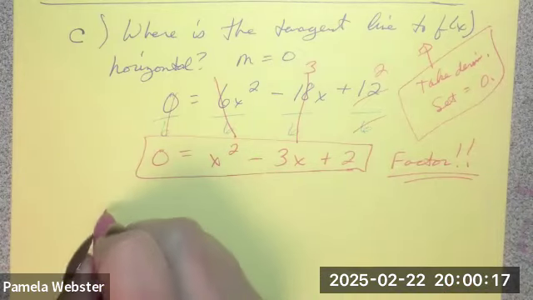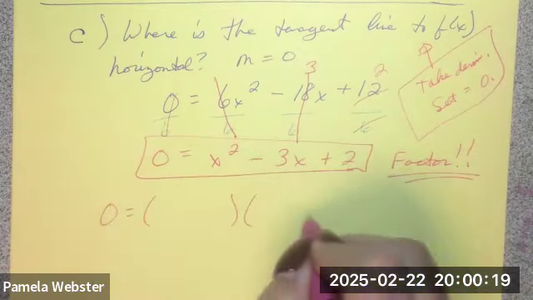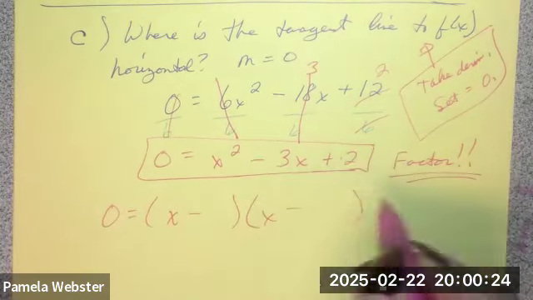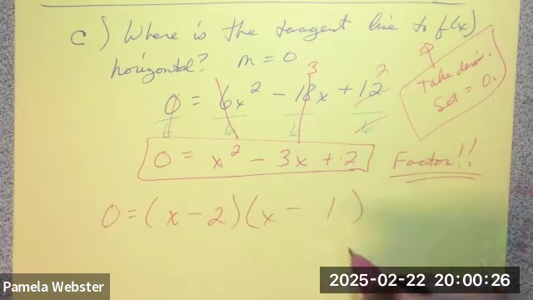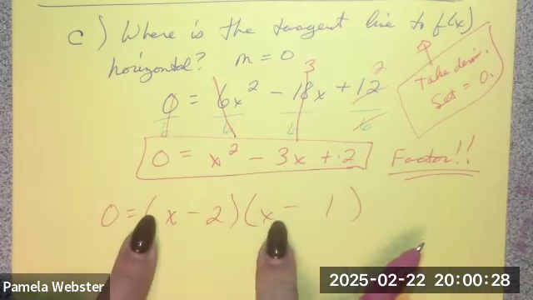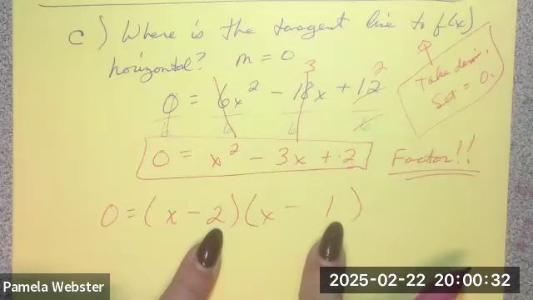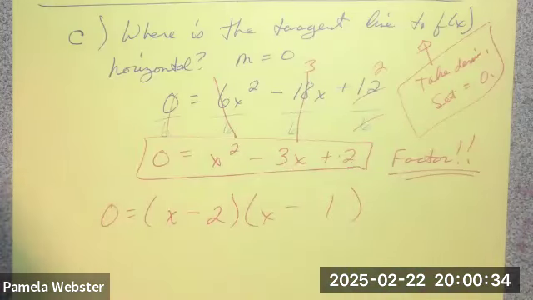Okay, so real quickly, 0 equals x and x, 2 negatives, a 2 and a 1. It doesn't matter the position. That's x squared minus x minus 2x gives me the minus 3x, and then a negative and a negative is a positive 2.